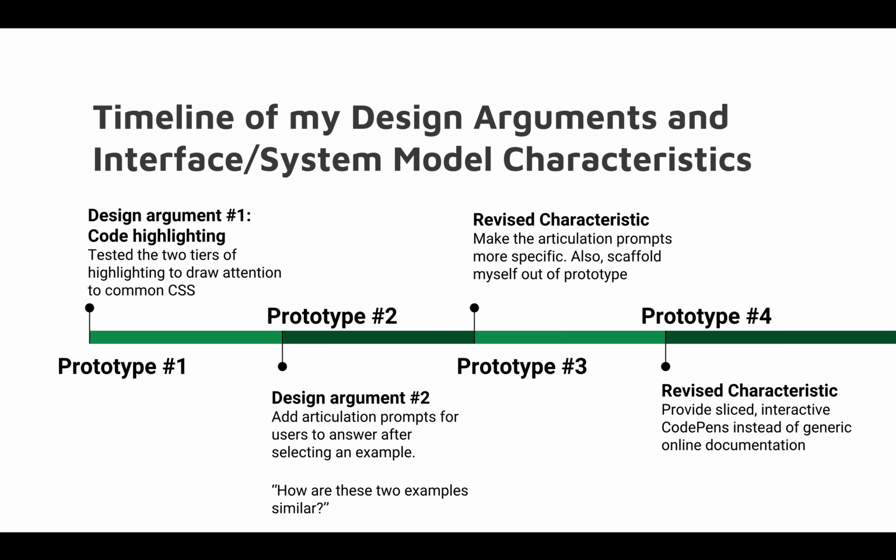So in prototype number 4, I provided sliced interactive CodePens that show the particular application of grid template columns that is relevant to the example they're examining, instead of just generic online documentation. This was a lot more helpful and had them figure out what was going on a lot more efficiently.